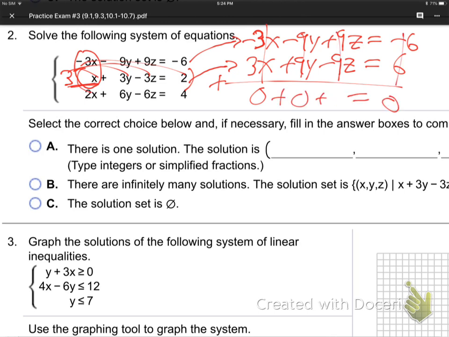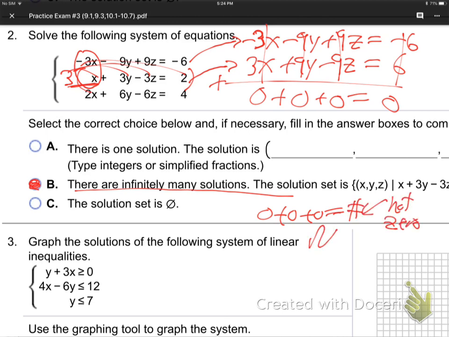So what does that mean when you get 0 plus 0 plus 0 equals 0? That's actually infinite solutions. If you get 0 plus 0 plus 0 equals a number that is not 0, then that's no solution, because that's not true.